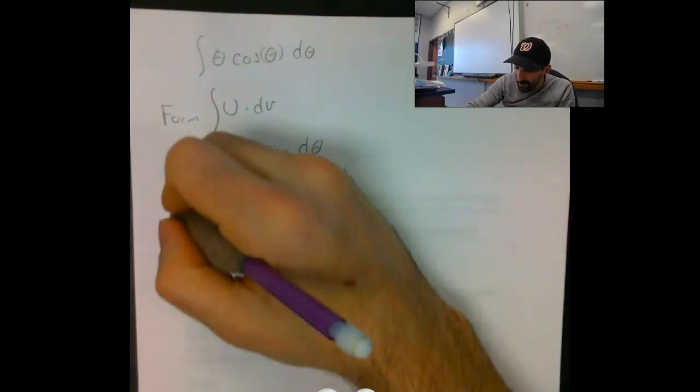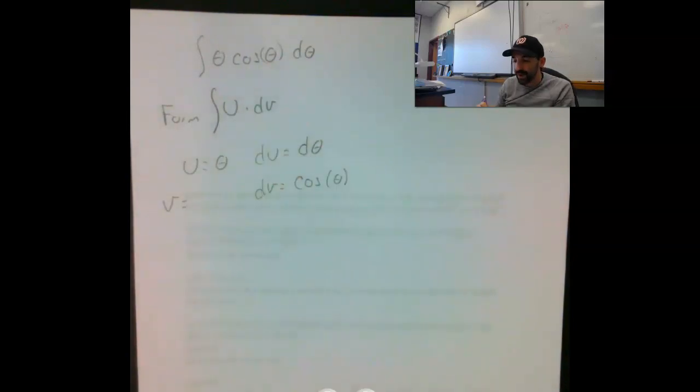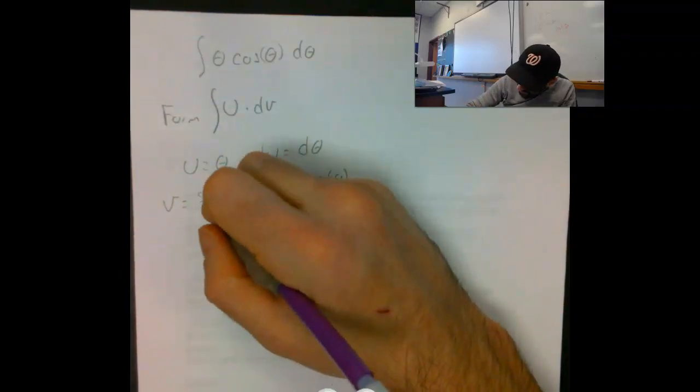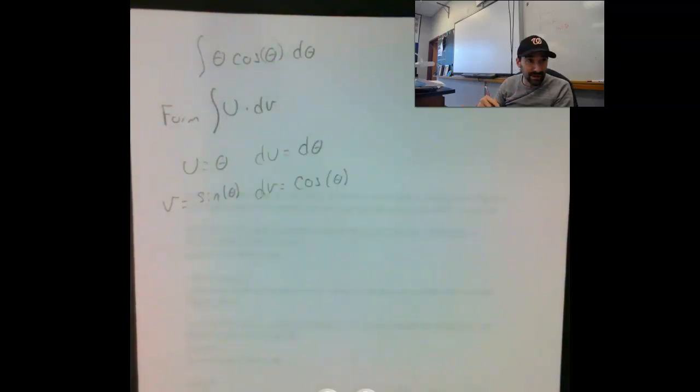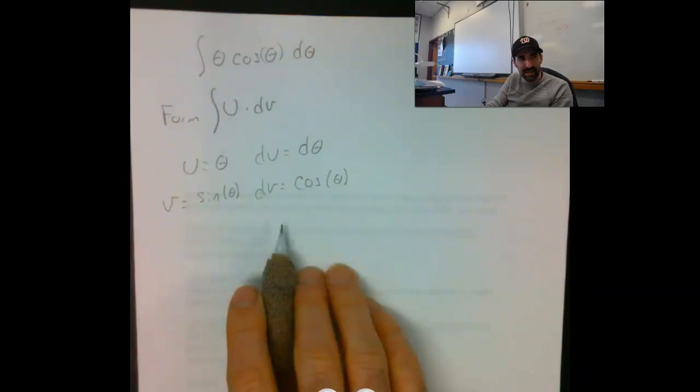Which means my v, what is the antiderivative of cosine theta? Sine theta. Right? Derivative of sine theta is cosine theta. Derivative of cosine theta is negative sine theta. So don't mess those guys up.